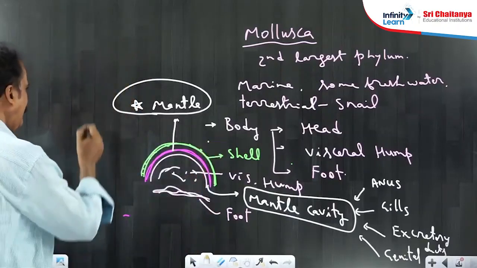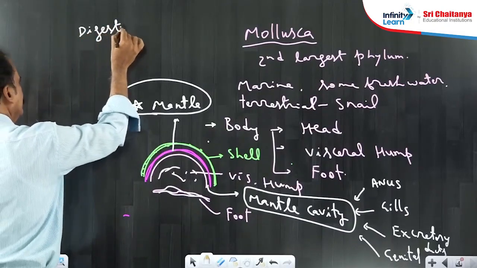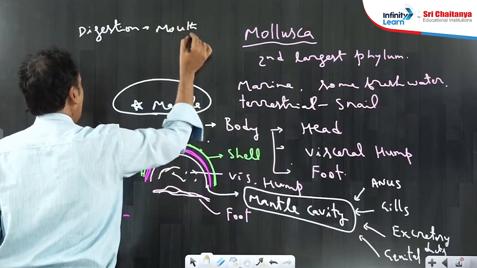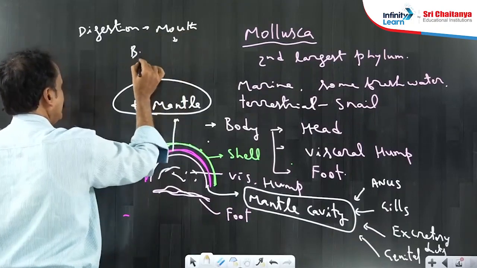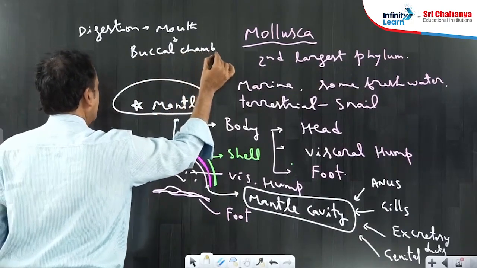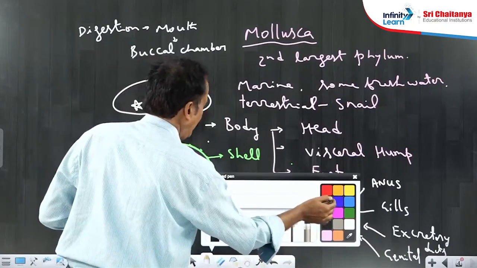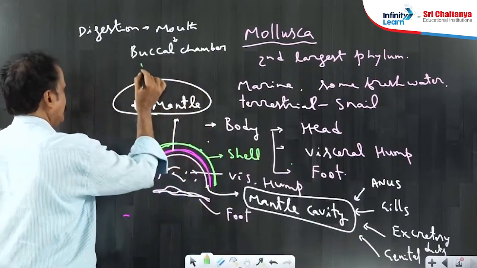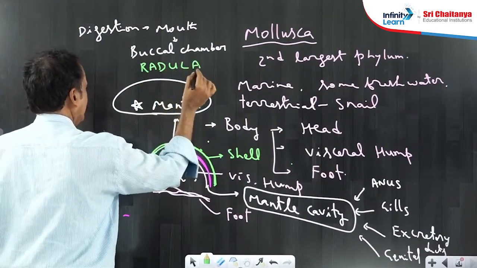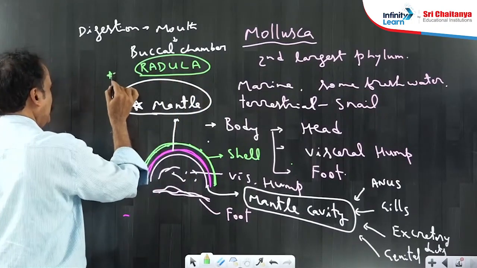When it comes to digestion, the mouth will be leading to the buccal cavity or the buccal chamber. This chamber has a special structure called radula.